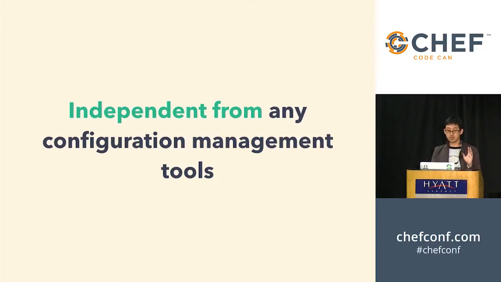And Serverspec is independent from any configuration management tools. If Serverspec supported only Chef, I couldn't use it because I'm a Puppet user. On the other hand, if Serverspec supported only Puppet, Chef users would have no interest in Serverspec, and I'm not here to talk about Serverspec.